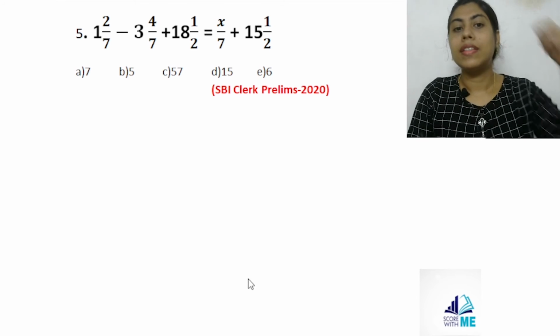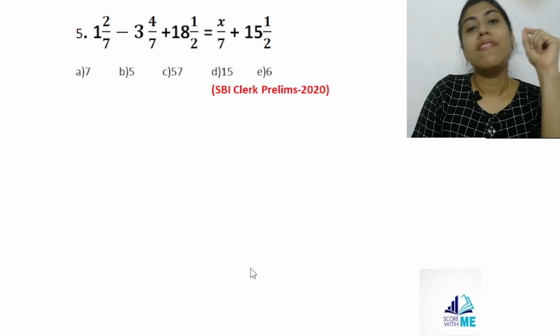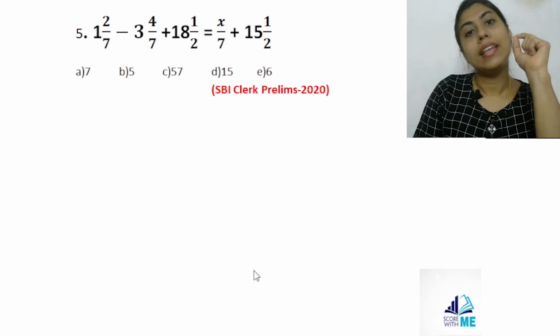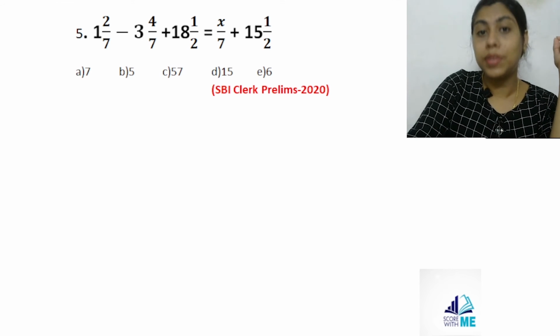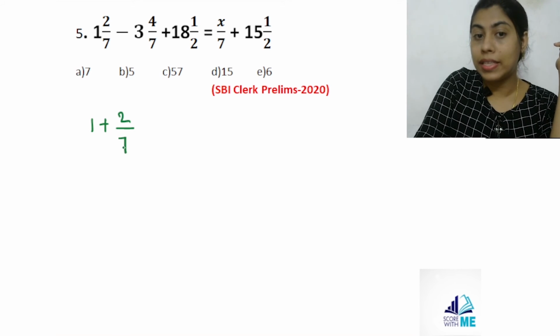Here we have sum and differences of few mixed fractions. Remember, whenever we have mixed fraction, a mixed fraction can be split as a whole number and a smaller fraction. So here 1 2 by 7, this can be split and written as 1 plus 2 by 7.